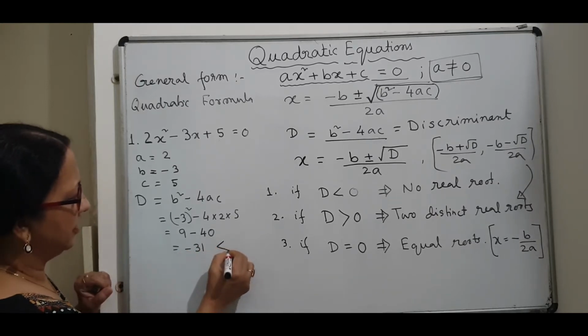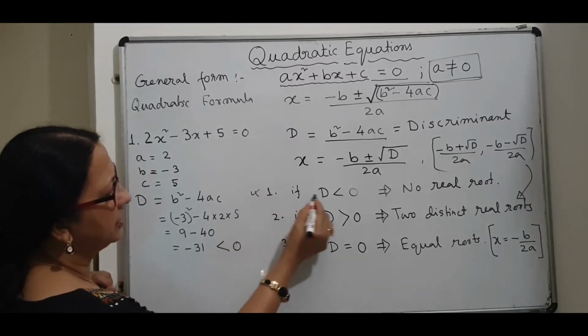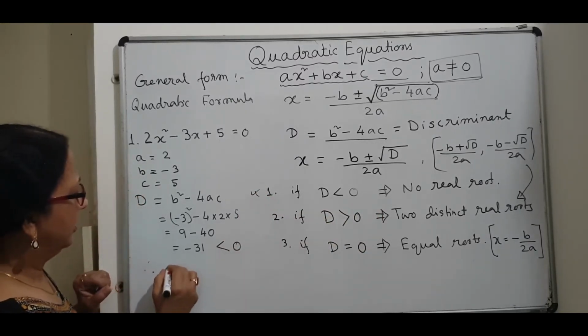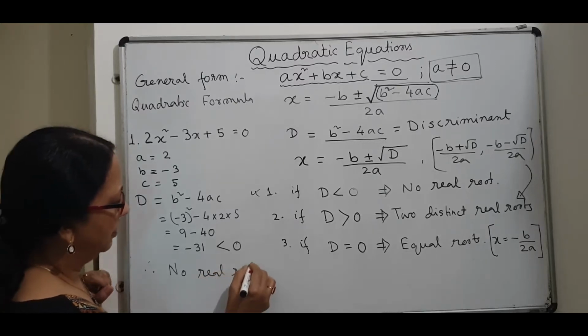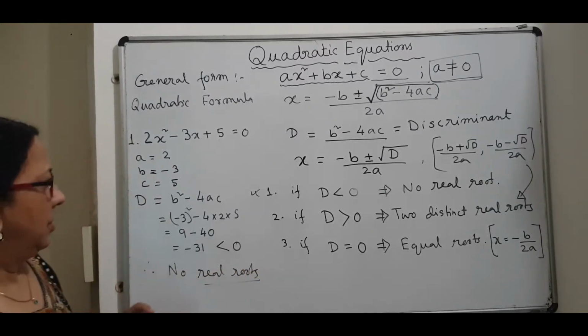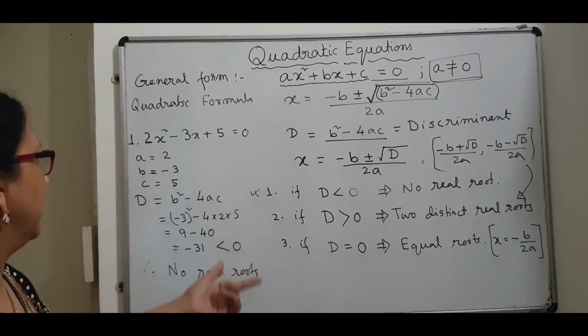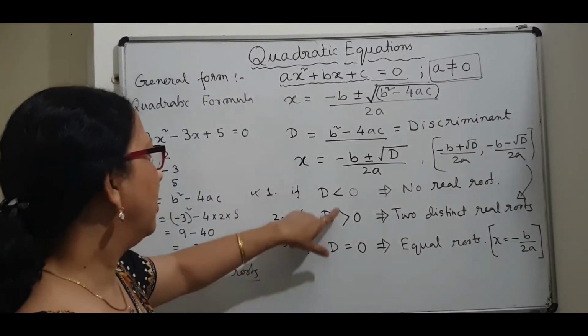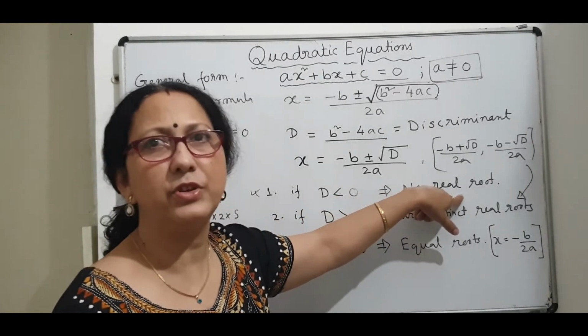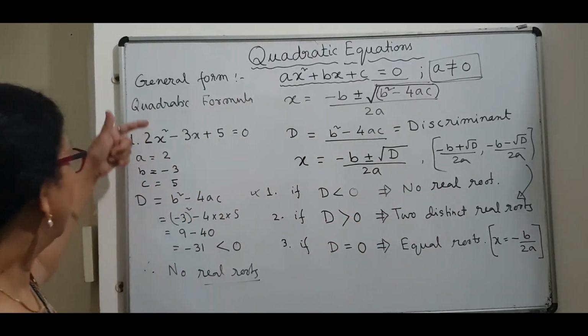So it is less than 0, the first condition. Therefore we say this equation will have no real roots. We conclude this without even solving, because it is very important to check this condition before solving a quadratic equation. When it has no real roots, there is no question of solving.